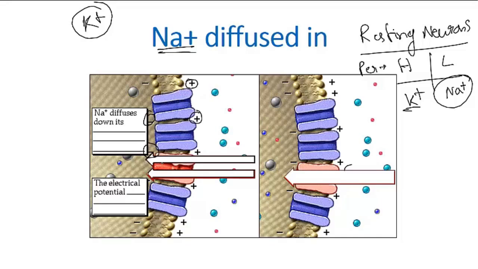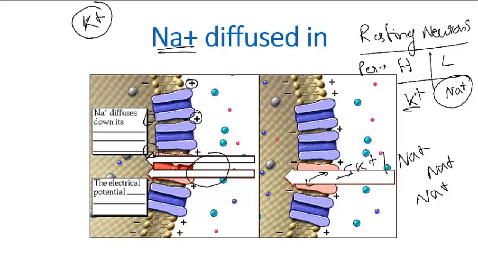If a cell is only permeable to potassium, then only potassium should flow. But now we know that not only potassium, but a lot of sodium is also present outside, and we know that sodium concentration is higher outside. So sodium will also flow inside the cell along with potassium. Here you see the width of the arrow representing the relative strength of the electrochemical gradient.